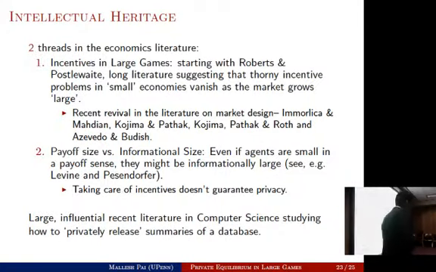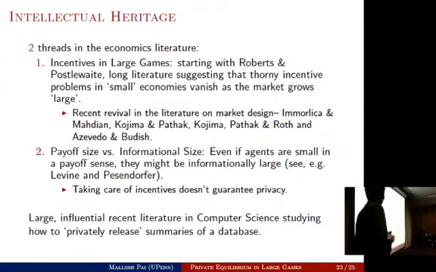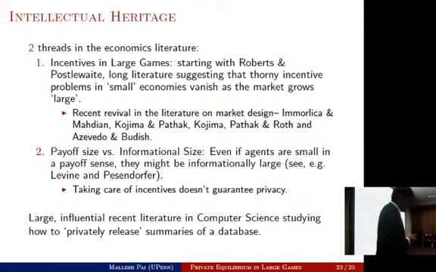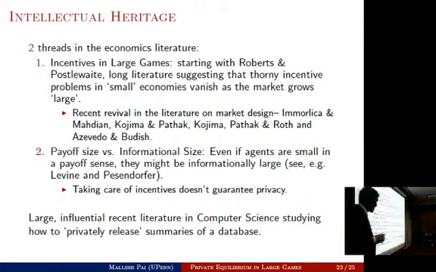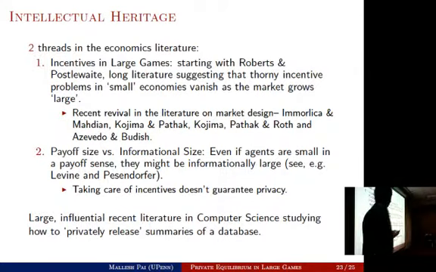Separately, there's been a lot of work in economics trying to understand incentives in large games. The oldest paper I could find goes back to Roberts and Postlethwaite. I'm sure there's sort of less formal analysis going further back, but note that even this paper was written before the canonical order of the alphabet was pinned down.